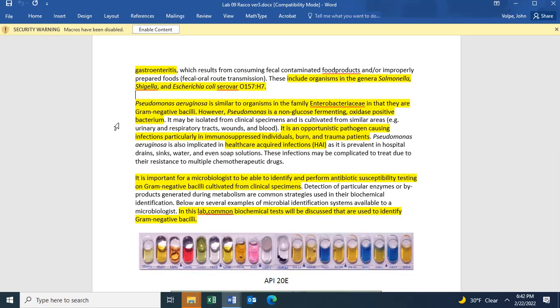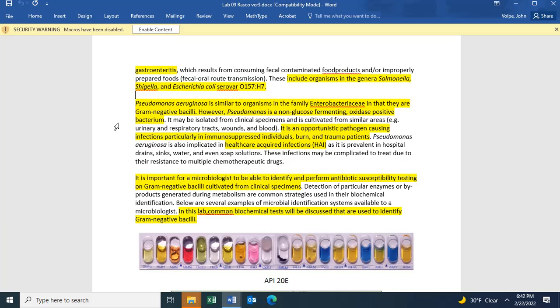It's also common for causing health-acquired infections, or HAI, and we're going to discuss that in the lecture, but in the textbook, it's called a nosocomial infection.